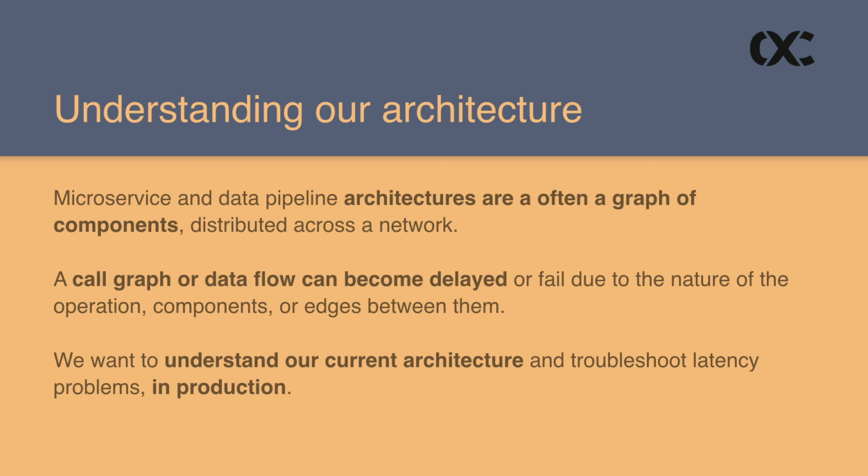The nice thing is that it's easier to reason with each of the parts, but one of the troubles that comes with that is that the flow between these parts can become delayed or can have errors, and depending on how the architecture is modeled, they can be easier or more difficult to understand.